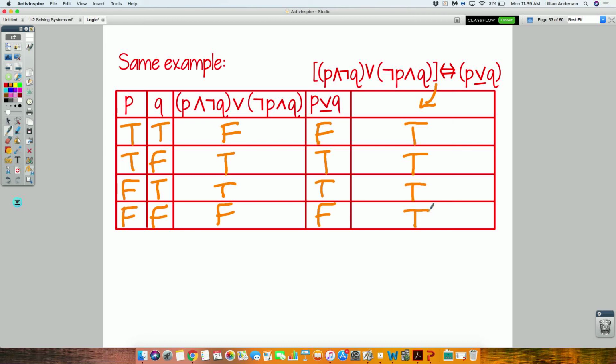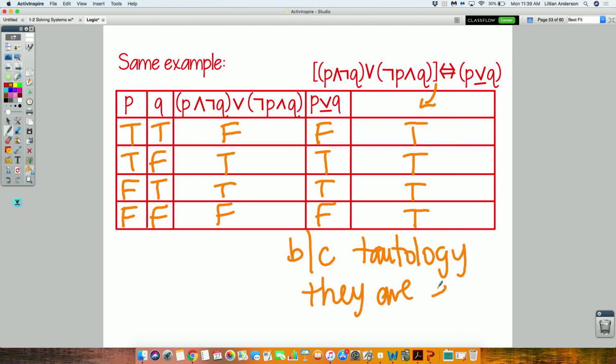So this is a tautology. So because it's a tautology, they are equivalent. And like I answered before, it's your choice. You can base it off of the work you've already done, or you can create your own column with the biconditional and do it that way.